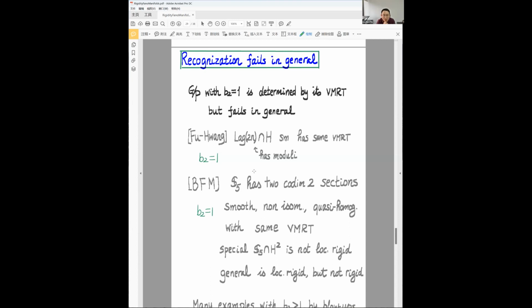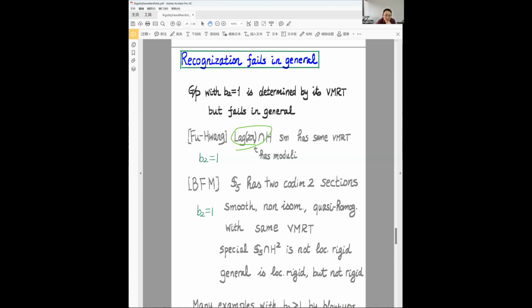But then the second step: recognition fails in general, because we have a lot of examples. For example, if you take the Lagrangian Grassmannian, or even this simple example, then it has the same VMRT, but when you take different hyperplane sections, you get non-isomorphic varieties, so you cannot recognize them by the VMRT.